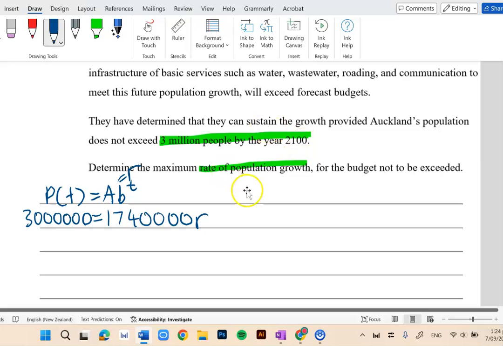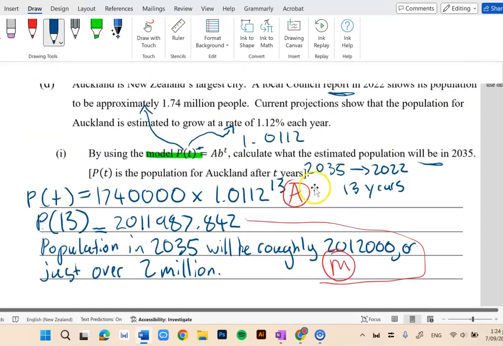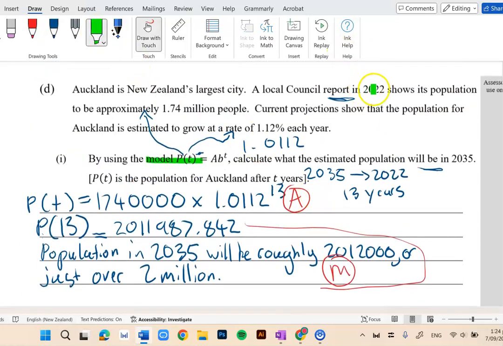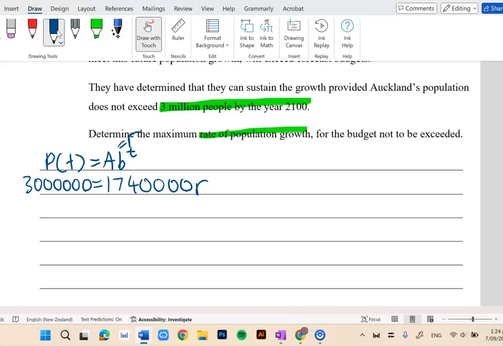So now it's not the year 2035. It's the year 2100. So it's going to be the difference between this and 2022, because that's the equation that it's based from. So it's going to be the difference between 2100 and 2022, which is 78 years. So that's going to be 78.